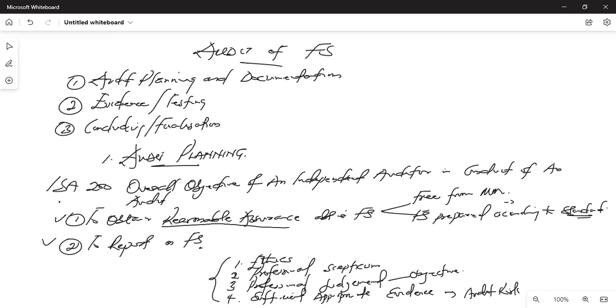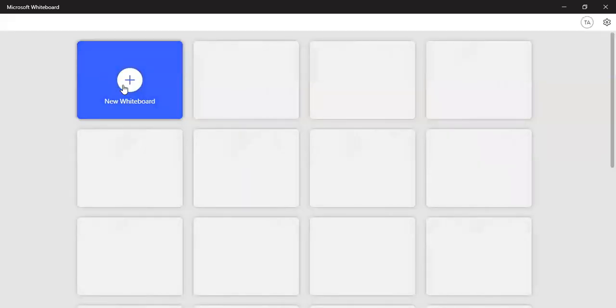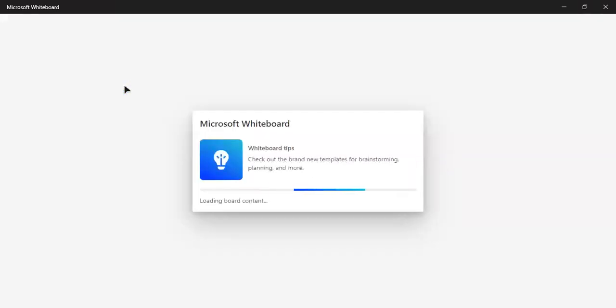That said, let's look at the planning of an audit itself. So we know that this is the objective behind everything that we are going to do. This is the fundamental ground of everything we are going to do. Let's now go into the planning itself.